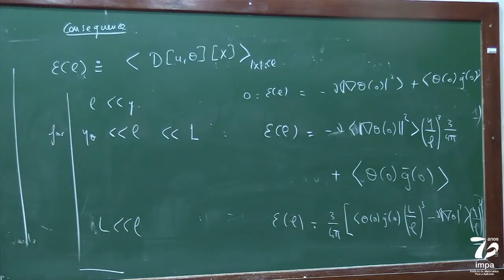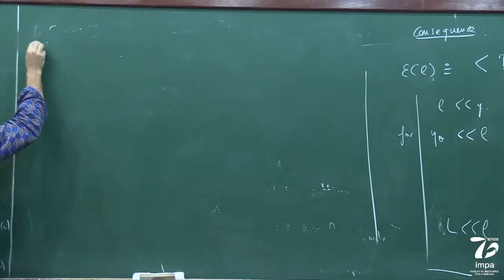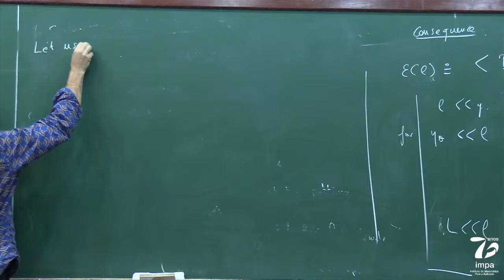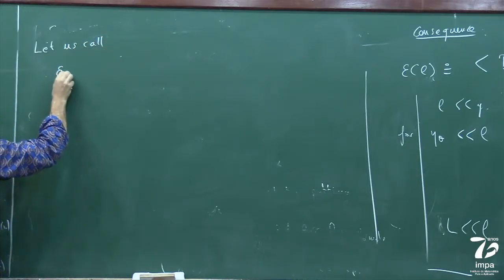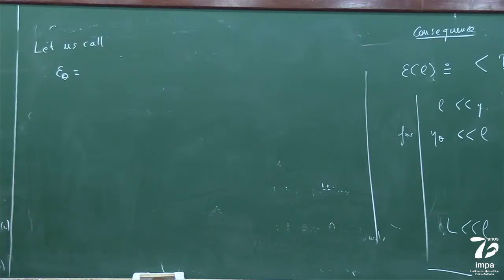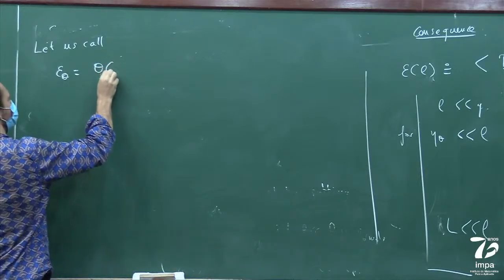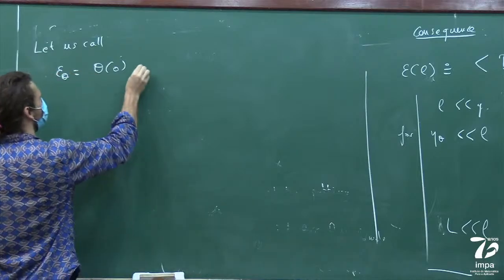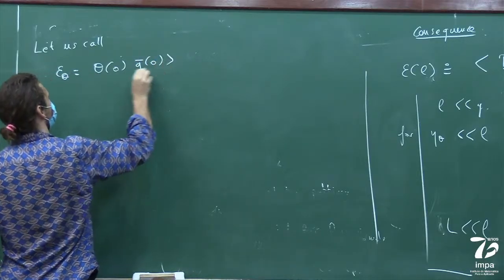So let us call epsilon theta the injected scalar, which we should call theta 0 G bar 0.